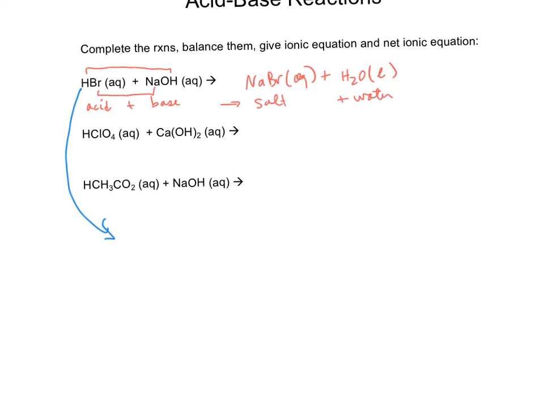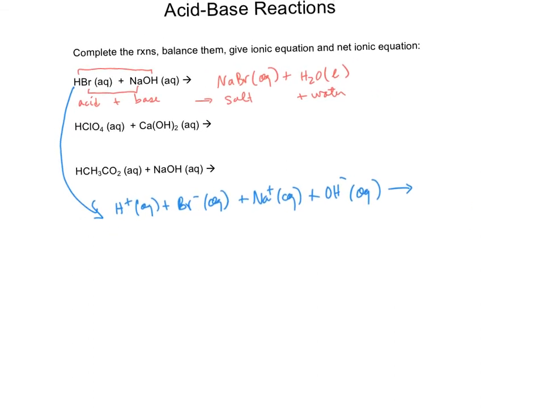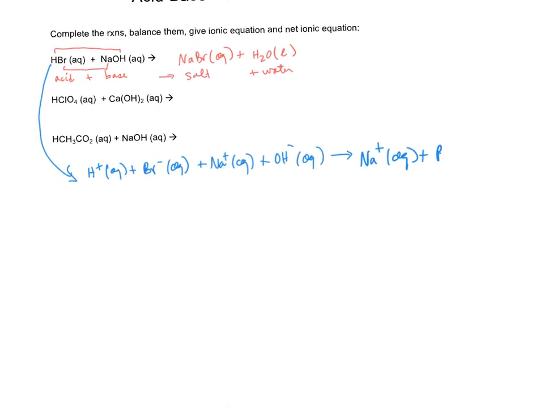All right, so you got H+, Br-, plus sodium plus hydroxide polyatomic ion forms sodium bromide, which is aqueous, so it'll be sodium plus bromide.